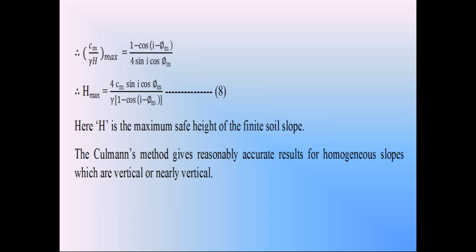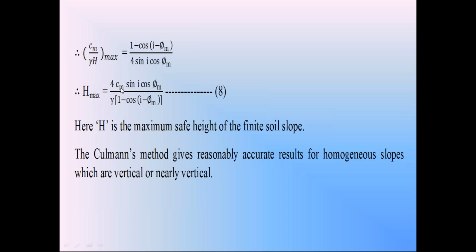The stability number Sn is maximum when dSn by d alpha is 0. By using differentiation, we calculate the critical angle alpha, equal to I plus phi m by 2. Substituting that alpha value in the stability number equation, and after simplification, we got in Culmann's method the maximum height of the side slope.